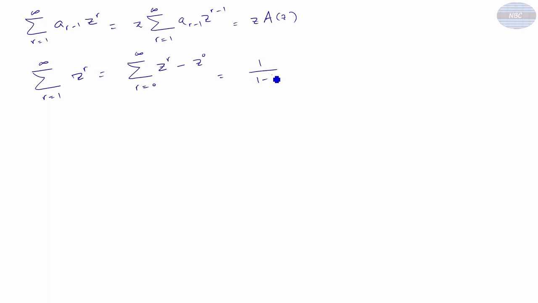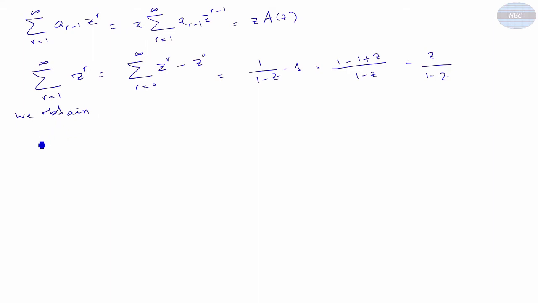So this is equal to 1 divided by 1 minus z, minus 1. It can be simplified as 1 minus z taken as LCM, and 1 minus 1 plus z, so it can be written as z divided by 1 minus z. Okay, so we obtained.